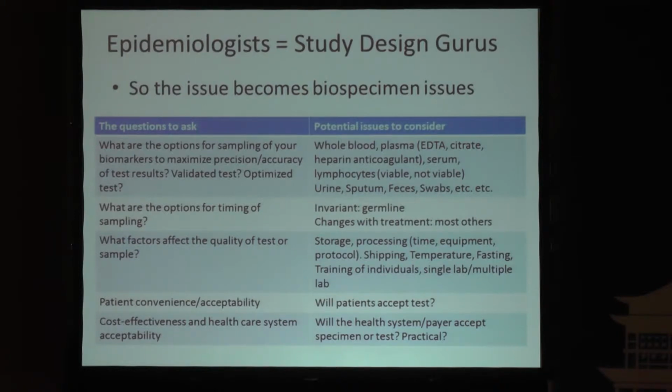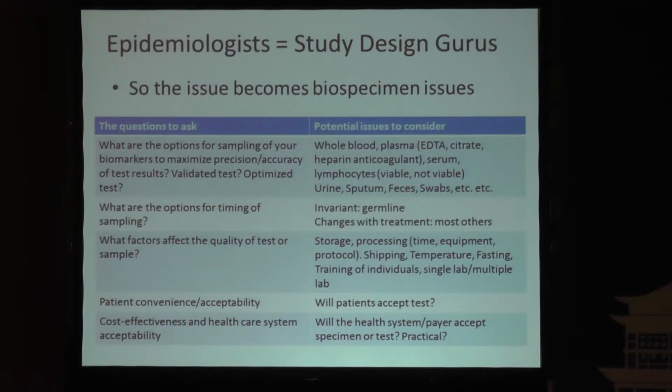So then, as epidemiologists, as study design gurus, the issue becomes: what are the things that you need to ask if you're going to be involving biospecimens, which is the key to what we're talking about with precision medicine? You should be asking what the options are for sampling of the biomarkers to maximize the precision and accuracy of your test results. What are the validated tests that are associated, and are these tests optimized for the type of samples that you're dealing with?